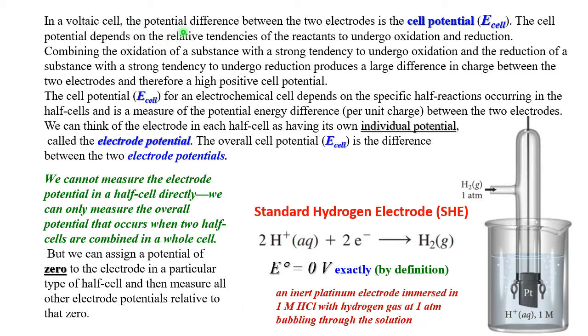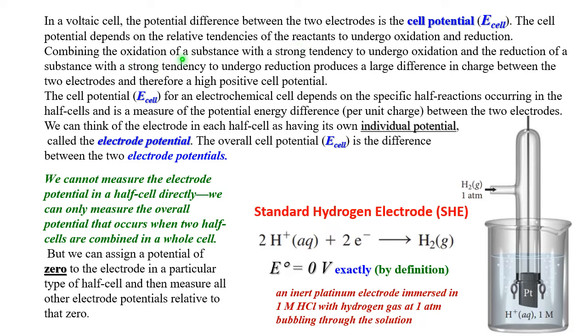In voltaic cell, potential difference between two electrodes is cell potential. The cell potential depends on the relative tendencies of reactants to oxidize or to reduce.